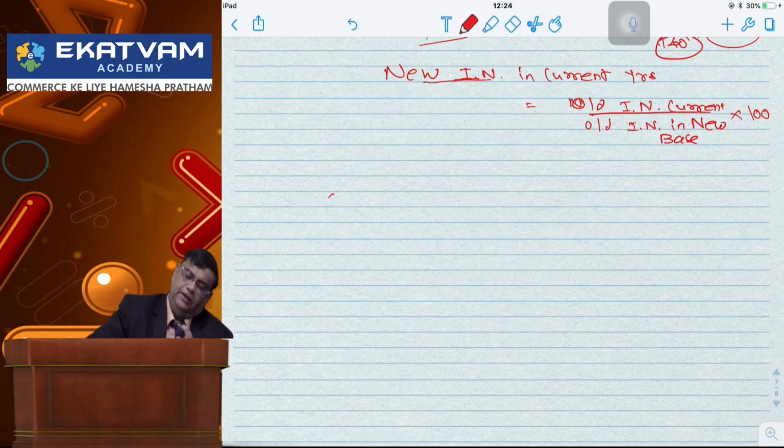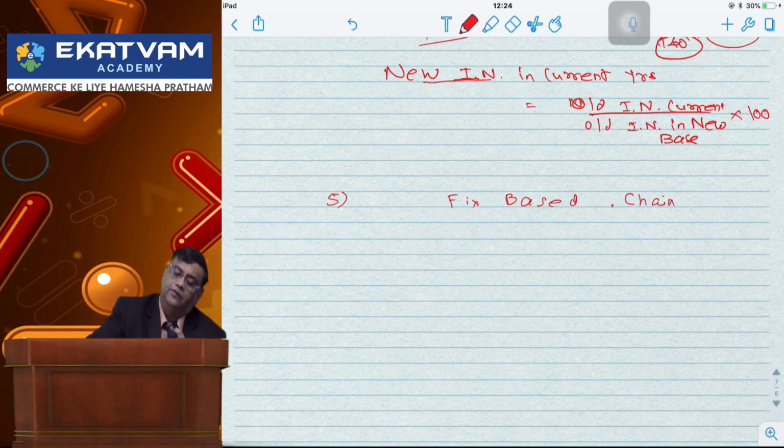Fifth, type 5 being the concept of fixed based indices and chain based indices, FBI and CBI.